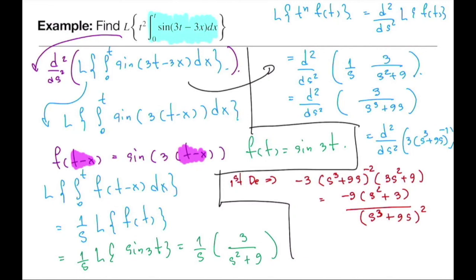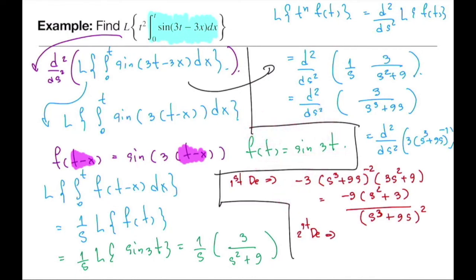And then I find the second derivative. So you need to use the derivative of u over v, right? Which is low d high minus high d low, divided by low low. It is v du minus u dv divided by v squared.